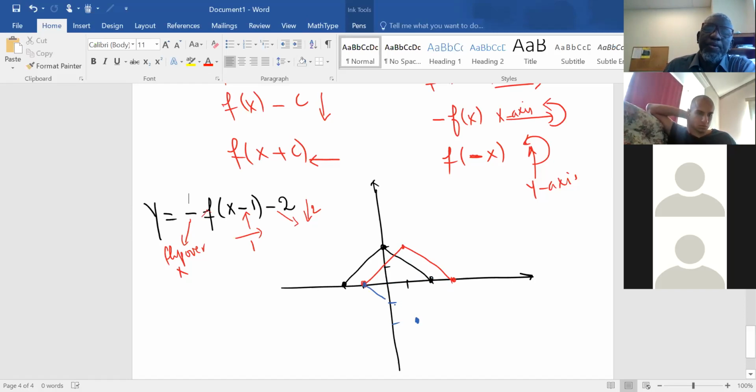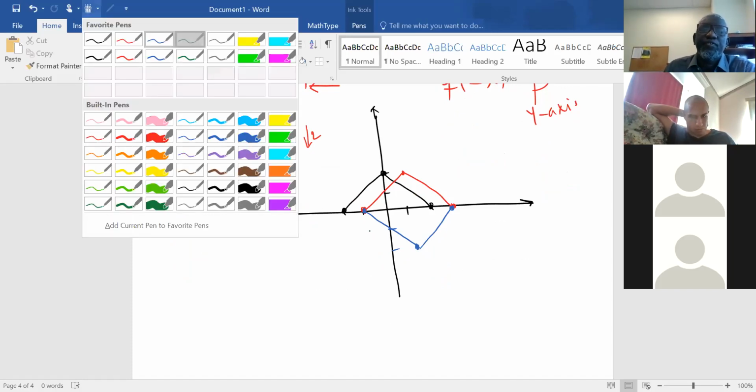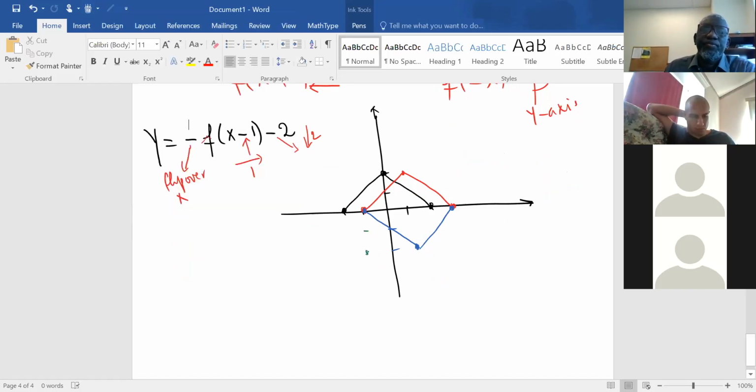Then go down 2. Now everybody goes down 2, so this one comes here, this one comes here, and this one comes here. And this one is my final graph.